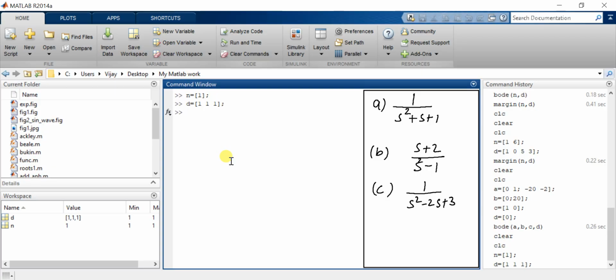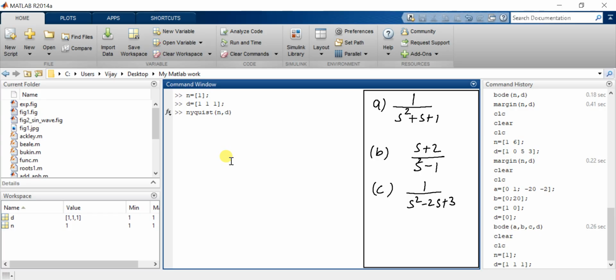So we have a function that is nyquist, passing these two matrices n comma d.